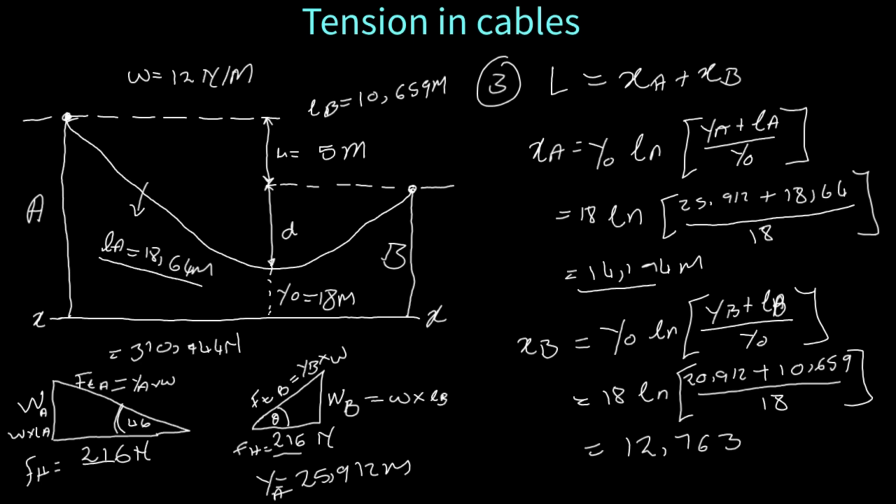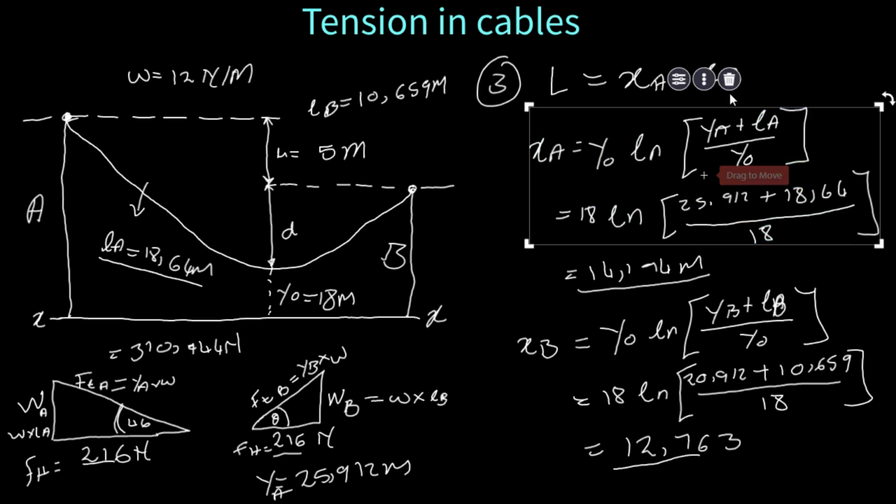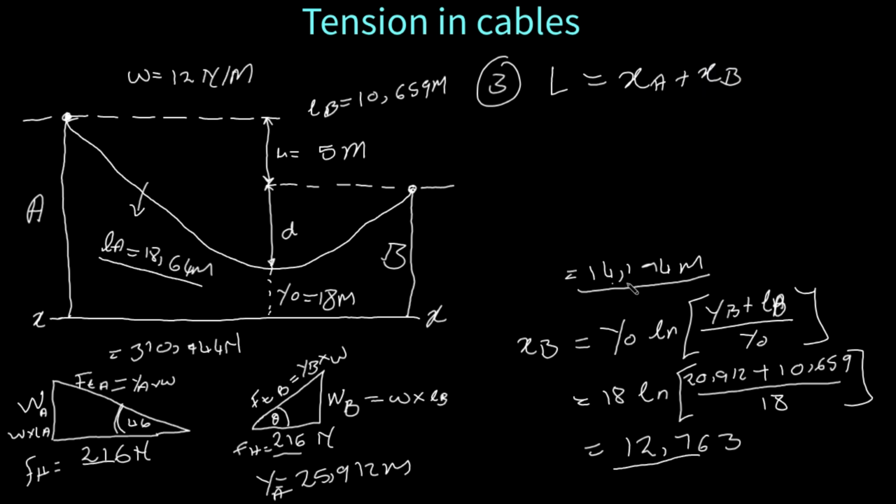So now we are just going to add this and this. Let me erase something here. The value of XA, which is this, is 14.174 plus the value of XB is 12.763, and this is going to give us 26.937 meters.